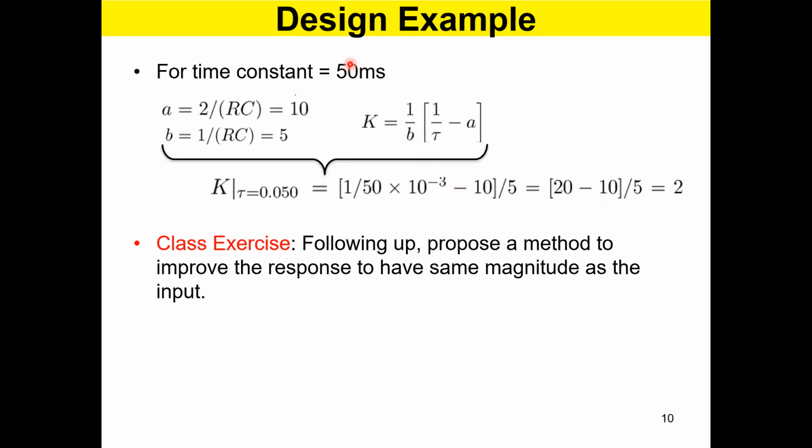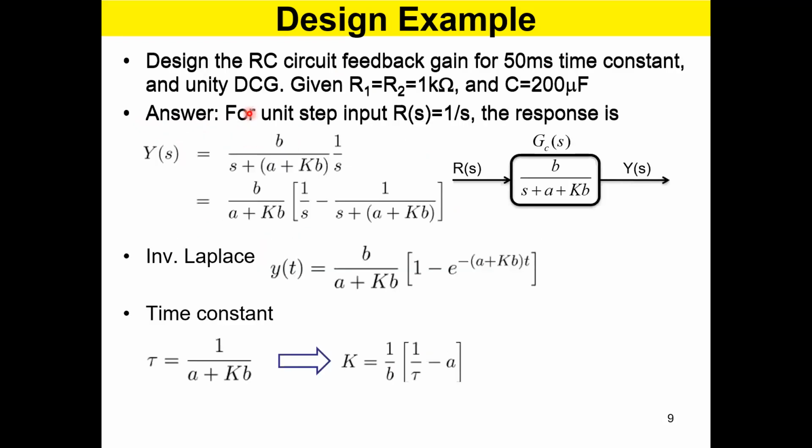So if you want to have 50 millisecond, when A and B are already given like this, 2 over RC, 1 over RC, this becomes 10, this becomes 5 because R and C are given. R is 1 kilo ohm, C is 200 microfarad.